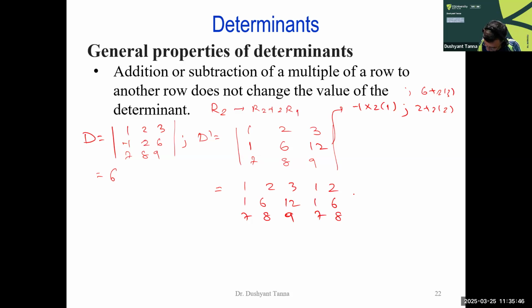What you got? 54 plus 24 times 7, 120 and 48, 168.